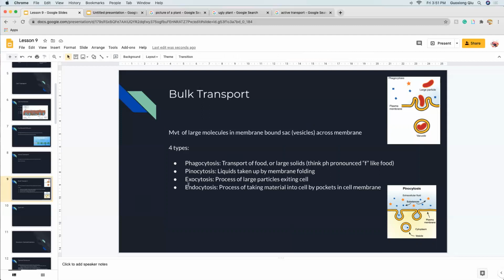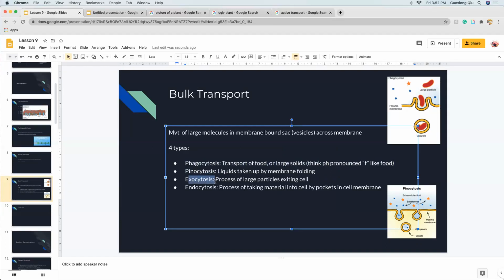So for example, we can have phagocytosis and exocytosis, which is when large solids leave your cell. We can also have phagocytosis occur with endocytosis, which is when food or large solids are taken into the cell.